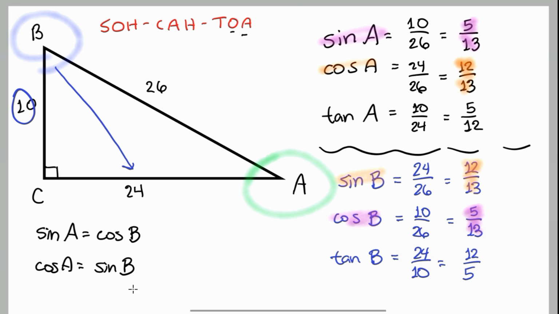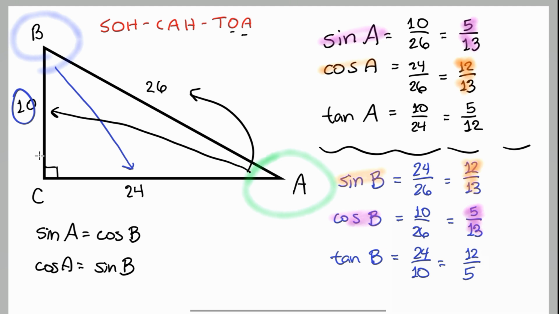When I'm looking at A and I want to do the opposite over the hypotenuse, the opposite side is 10, the hypotenuse is 26. Well, from angle B's perspective, 10 is the adjacent side, and of course the hypotenuse is still the hypotenuse. So what is opposite to A is adjacent to B, which is why you have that connection between sine and cosine.